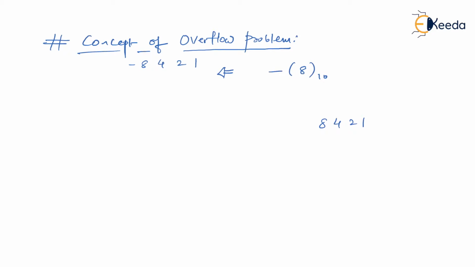So by using that logic, since I want to represent minus 8 to the base 10, below minus 8 I'll write 1 and rest of the bits are 0. Secondly, since this MSB is equal to 1, it indicates clearly this is a negative number.